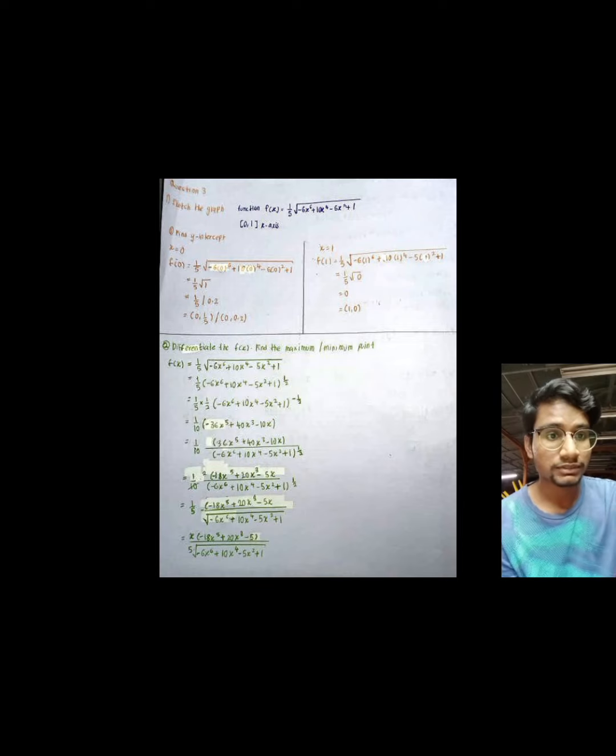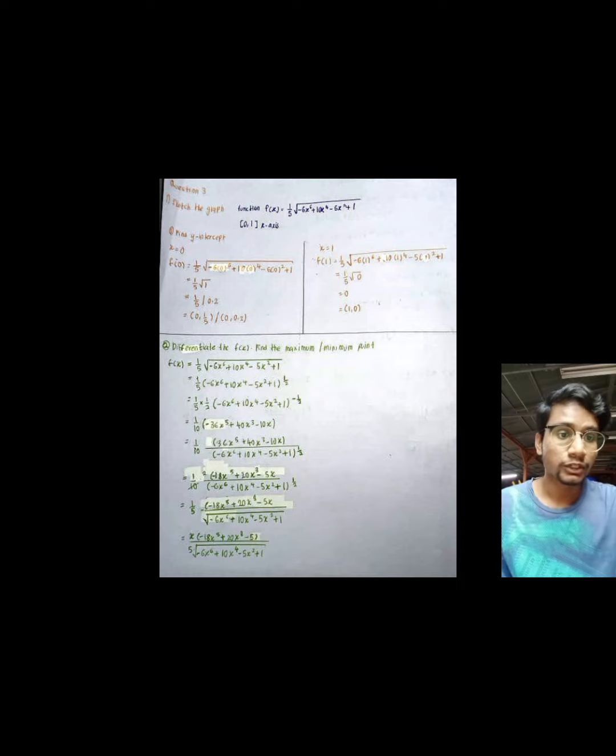Then we multiply that 1/2 with 1/5, and we get 1/10 times (-36x^5 + 40x^3 - 10x), divided by the square root of -6x^6 + 10x^4 - 5x^2 + 1.